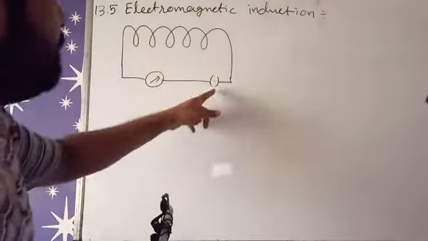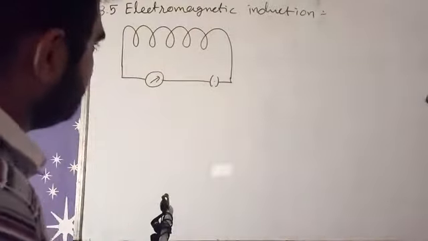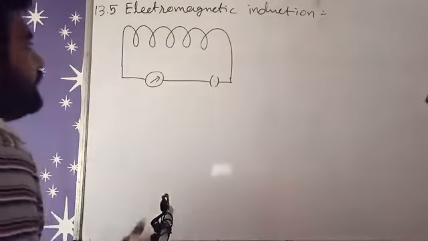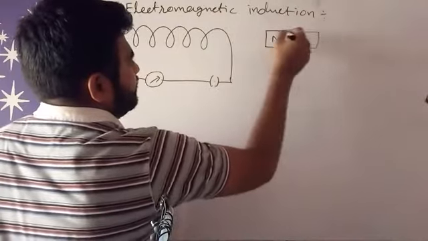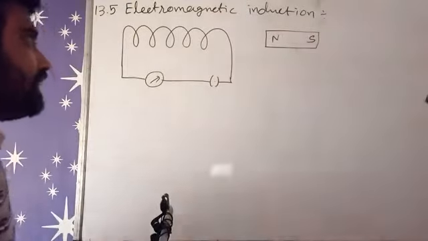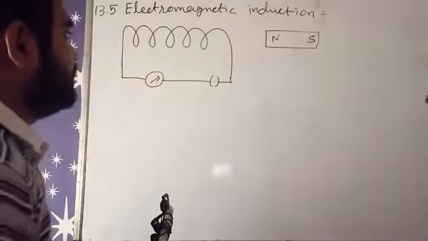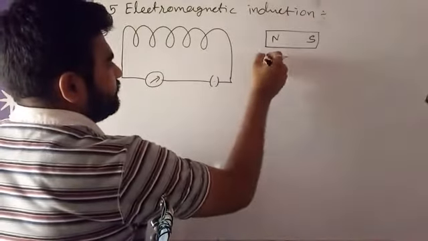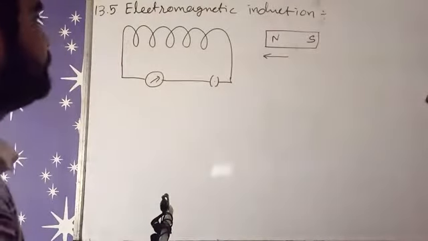The key is not compulsory here, but we put it just to complete this circuit. Now here I have one bar magnet, north and south. What I am doing is bringing this bar magnet with velocity v towards this coil, this solenoid.